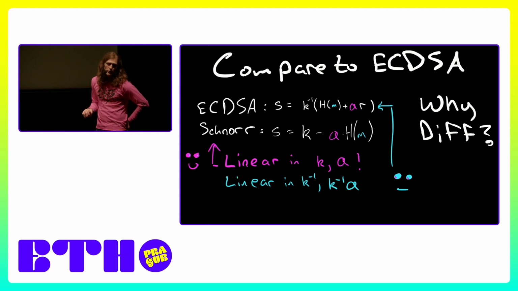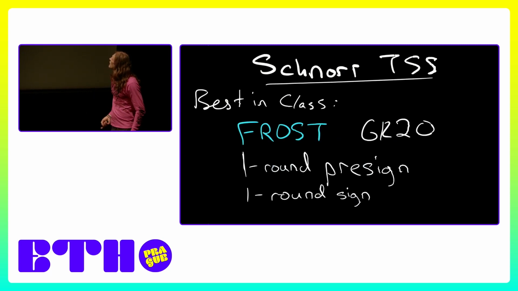And the pre-signing step is mostly due to wanting to get everyone these linear components. I'll publish the slides to Twitter also, so if you want to catch up on that later, you can do that. But the best-in-class old world signature, before we get to BLS, which is kind of like a new world signature.